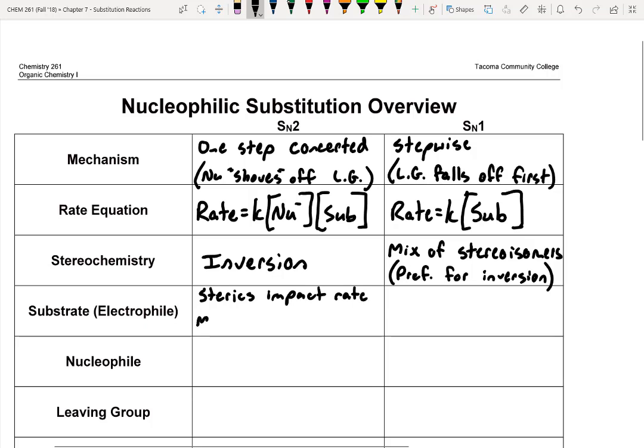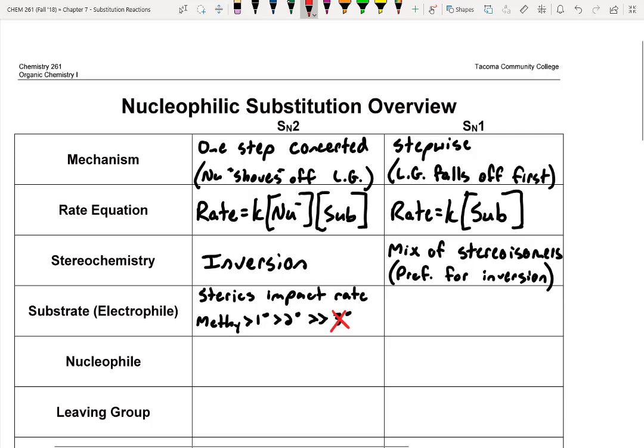So we'd say methyl is better than primary, is better than secondary, which is way, way better than tertiary. So much so that tertiary carbons, for the most part, really never ever do Sn2 chemistry. You only ever see it with methyl, primary and sometimes secondary.